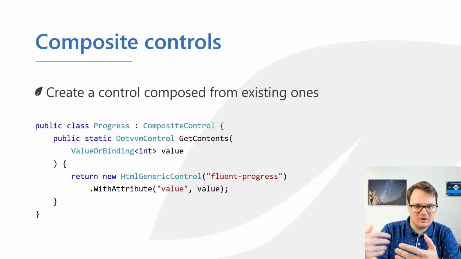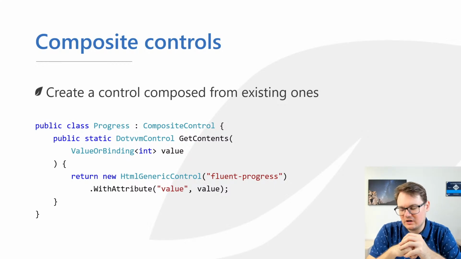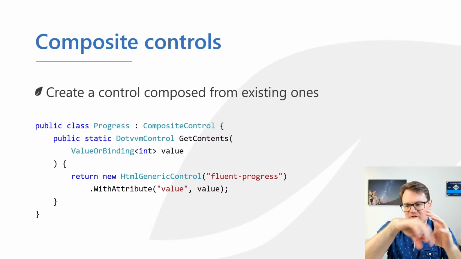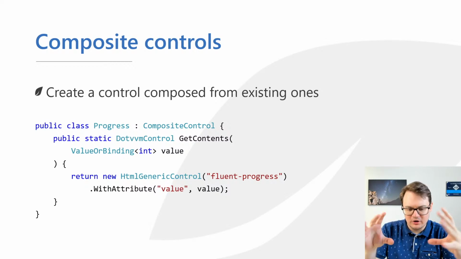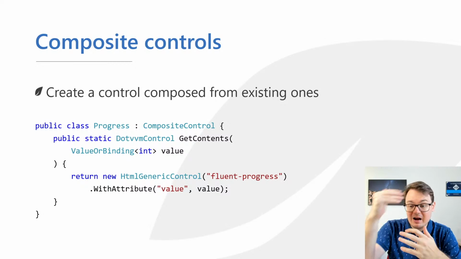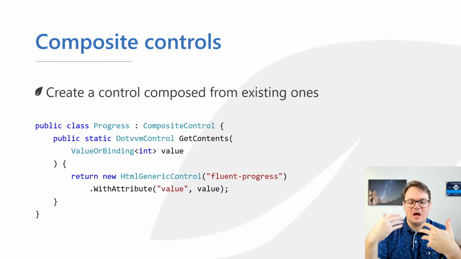They are pretty fine with the one which is in the DotVVM framework, and you can just extend it. But typically you want to create some control which composes several controls together, but it needs to be more universal, so it cannot be done in a markup control, because the structure of the control can depend on values of some parameters.